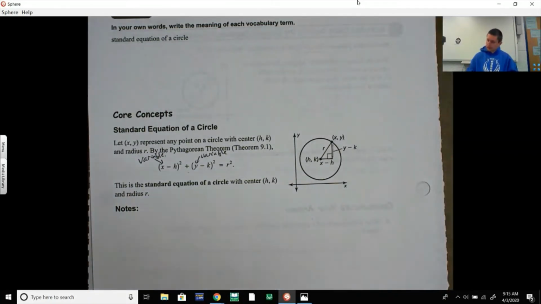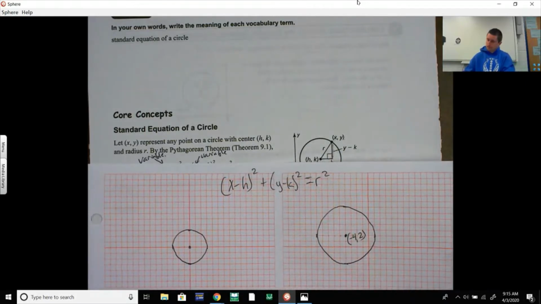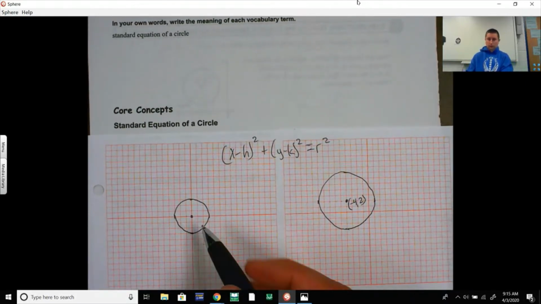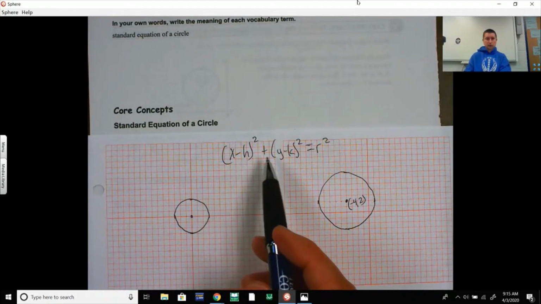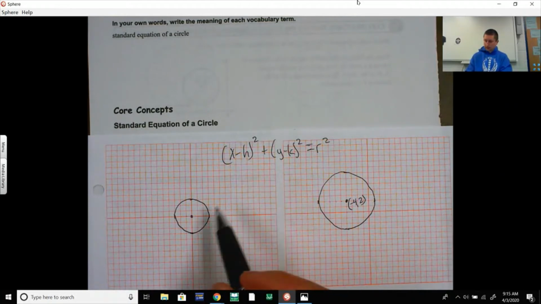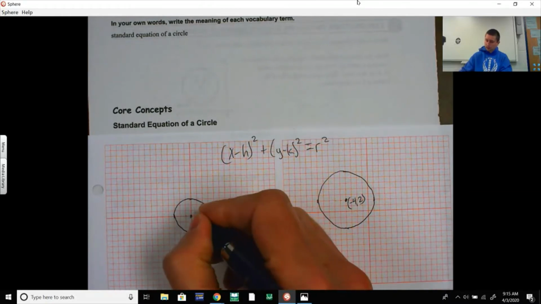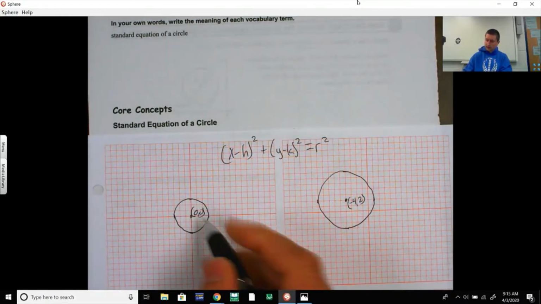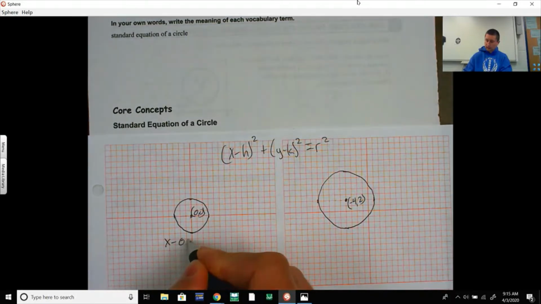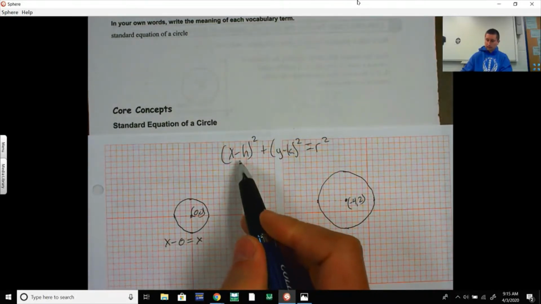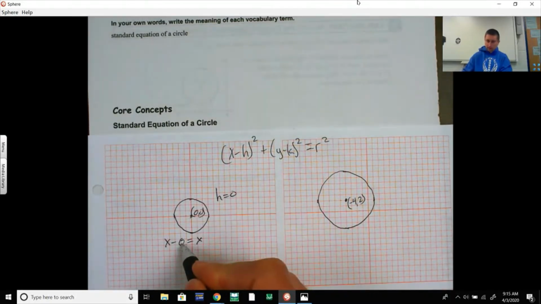So a couple examples. This is where graph paper will come in handy. So let's say we have this graph right here, and they want us to write the equation. Well, the center is at 0, 0. So whenever the center is at 0, 0, that makes things easy because x minus 0 is equaling x. So in this case, h is 0. That's what I'm getting that from.